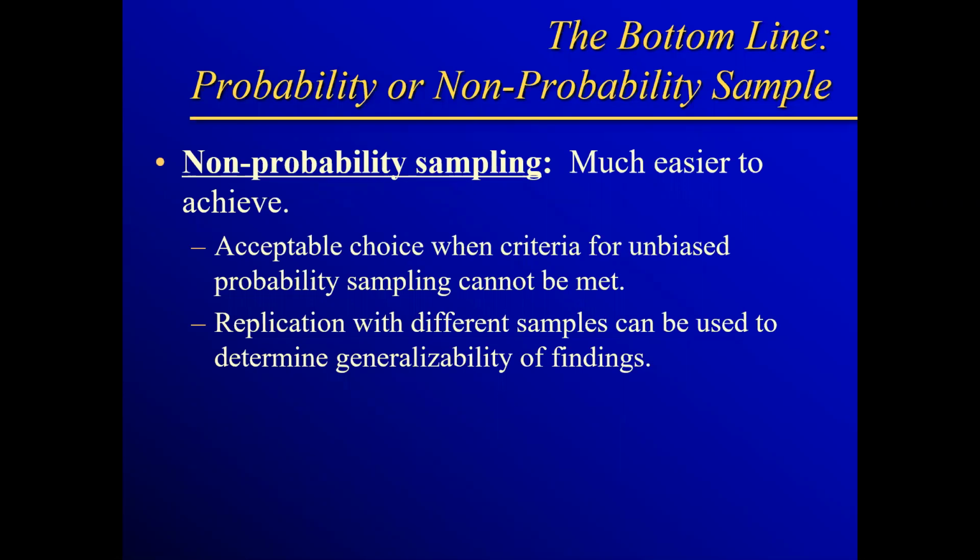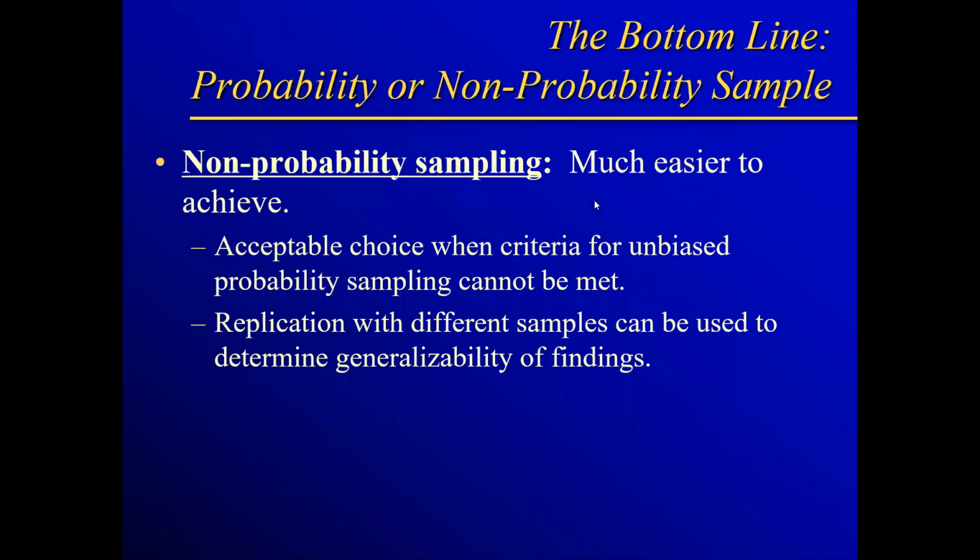And then maybe my collaborator in Minnesota can do it there as well. So we can replicate the study in all these different samples, and we should hopefully see that the results are all roughly the same. Then we can generalize our findings.